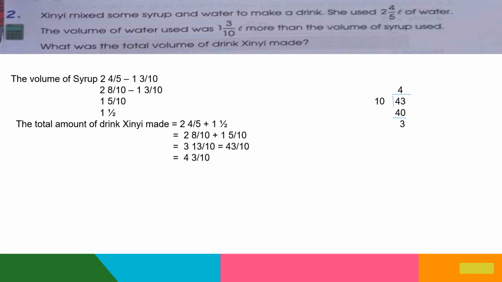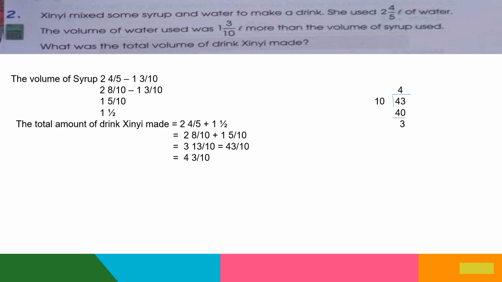So in order to find out the total volume of a drink, we are going to add up the volume of water, which was 2 whole number 4 over 5, and the volume of syrup, which is 1 whole number 1 over 2. Again, in order to perform the calculation, we have to make the denominator same.